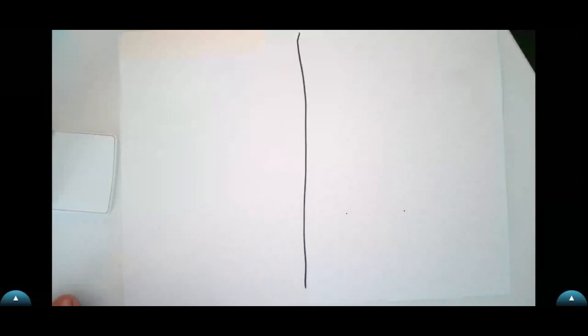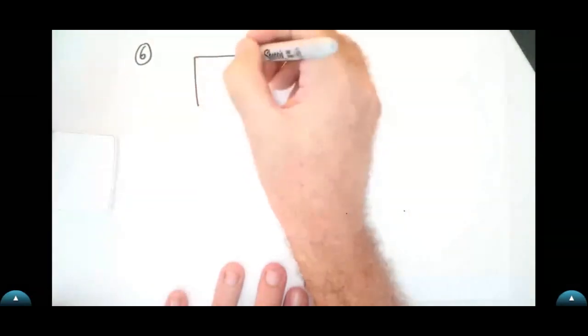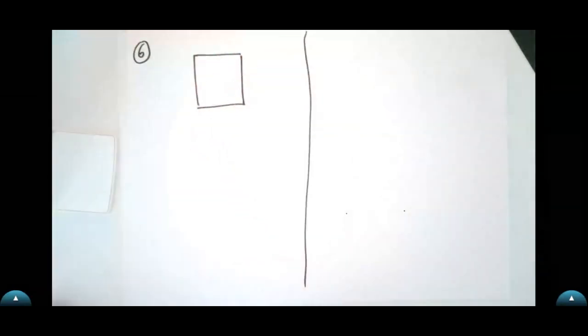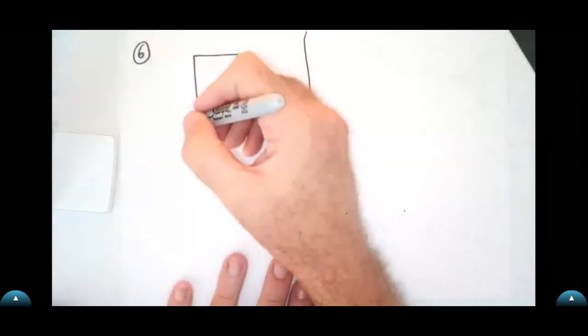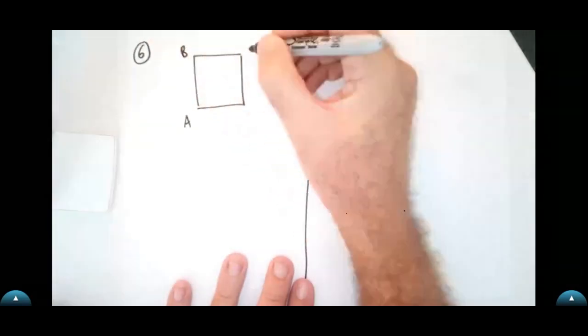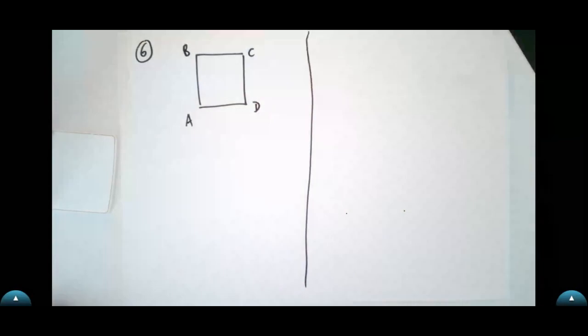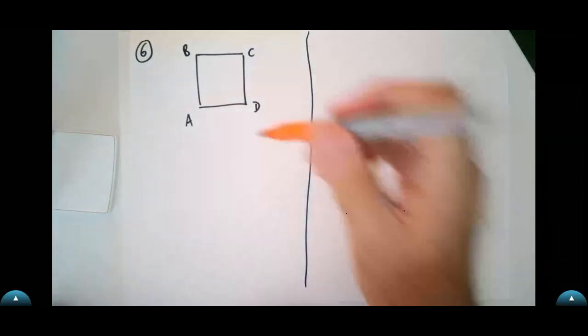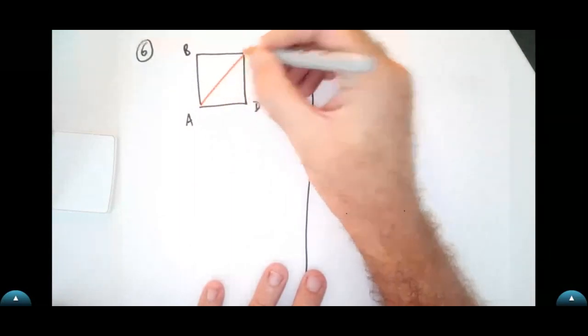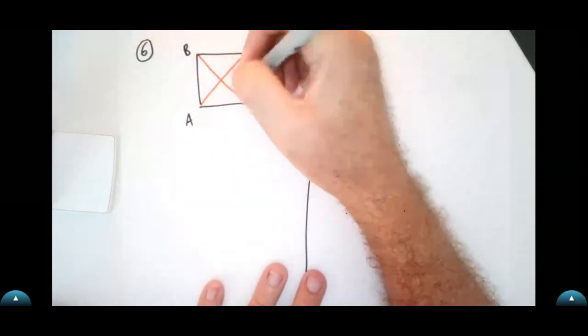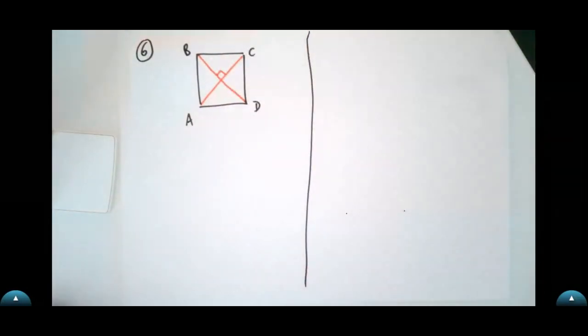So the question asks us to consider a square. So here's my square, right? And I'm going to label the corners. And what they're going to ask us to do is to show that these diagonals intersect at a right angle.